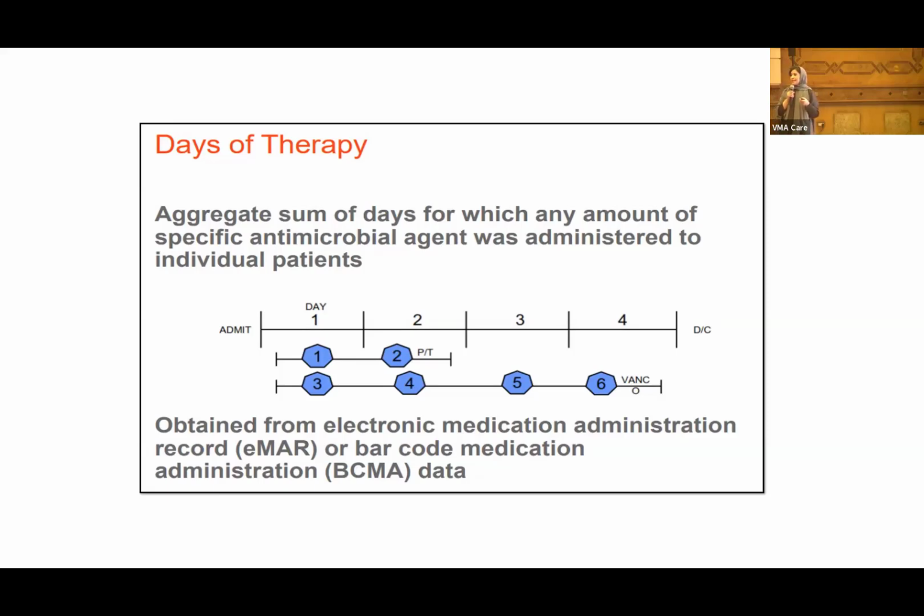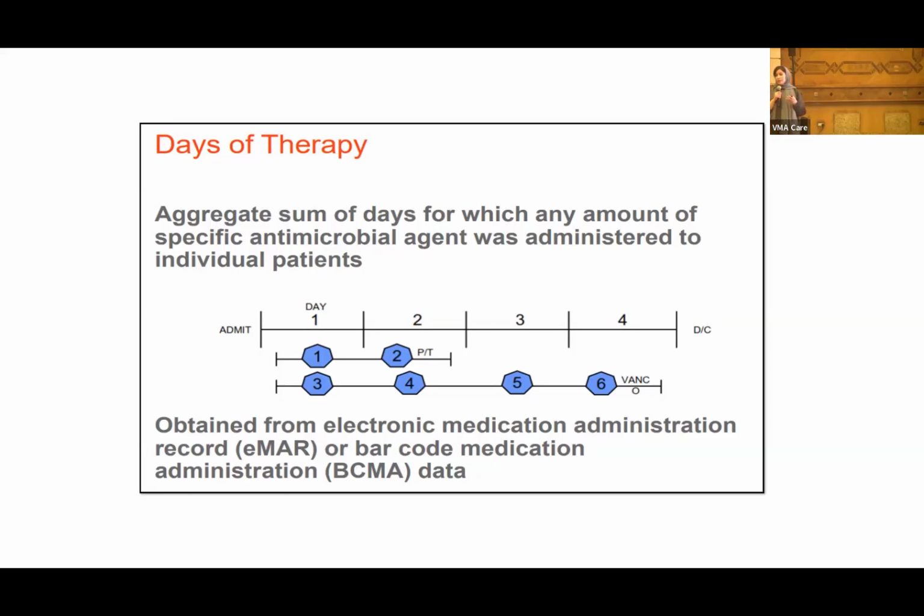Yes, you should add it, but if you have 2 antimicrobials, it's also added to the DOT. So peptazole is 1, 2, and then vancomycin 3, 4, 5, 6. So it's a total of 6 days of therapy.